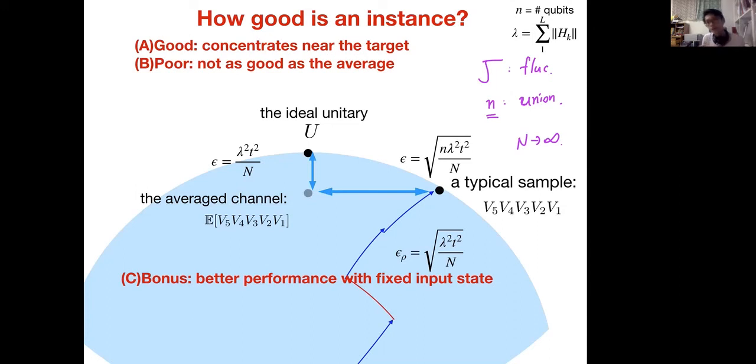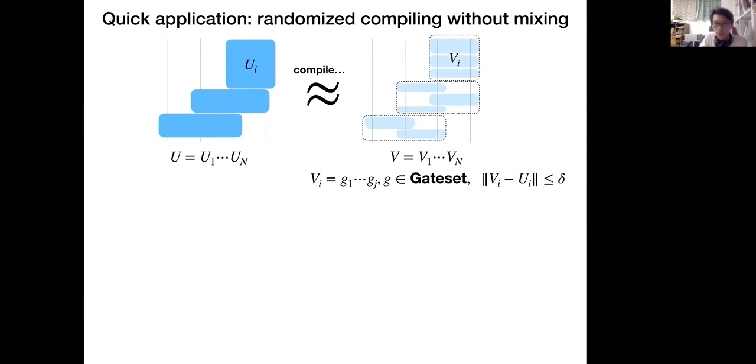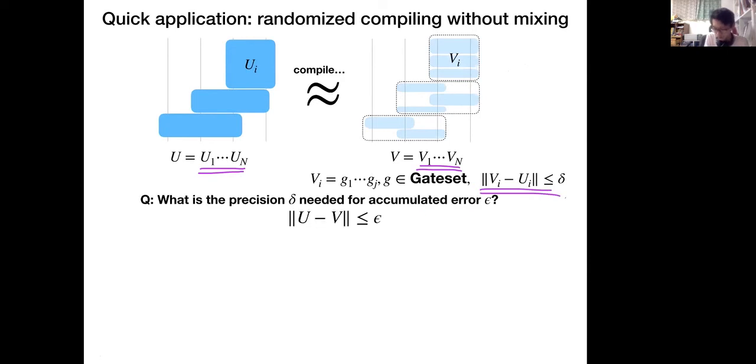I want to emphasize that it's actually fairly general. You can apply it to all random products. And let me just quickly show you an example. So in compiling, the task is to compile a given sequence of gates into universal gates. And the question is, what is the local accuracy needed for the total, the global error?